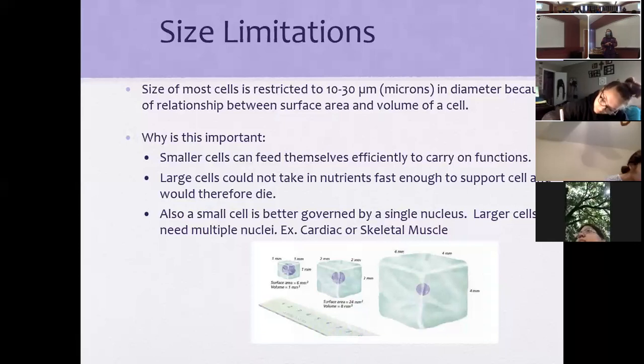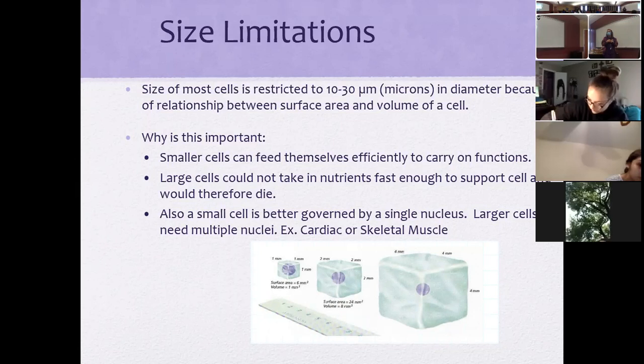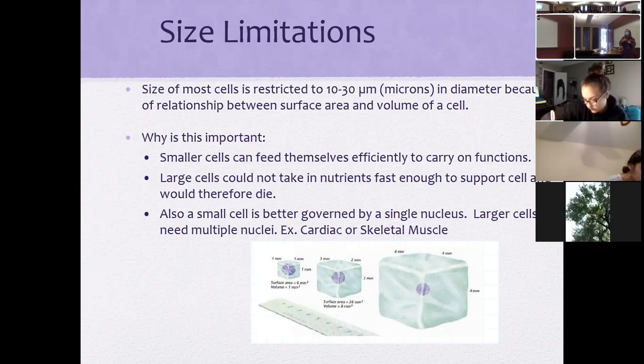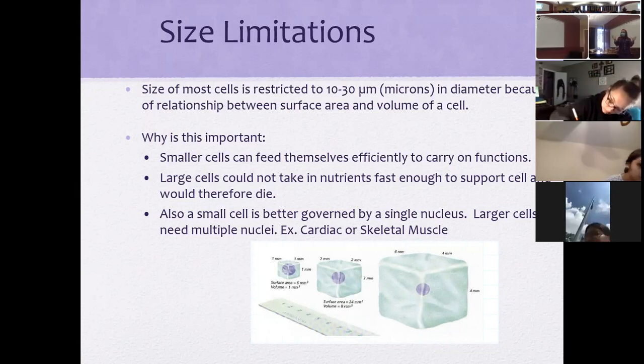Like our skeletal muscle, as I said, are multi-nucleated. Our cardiac muscle, multi-nucleated. Holy smokes, our cardiac muscles are so insanely complex because not only do they have to contract at the exact same time, at the exact same rate, and at the exact same strength, that is all got to be coordinated.